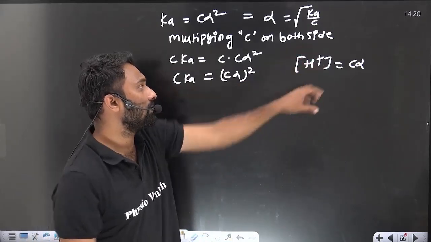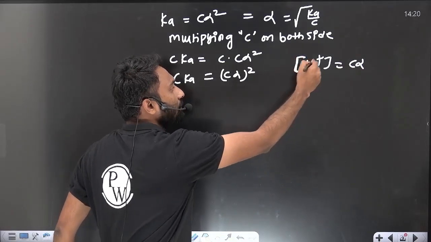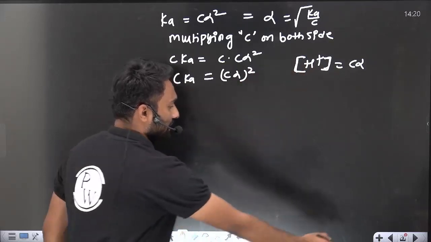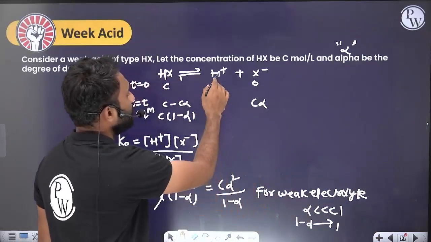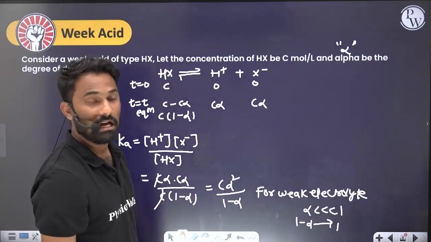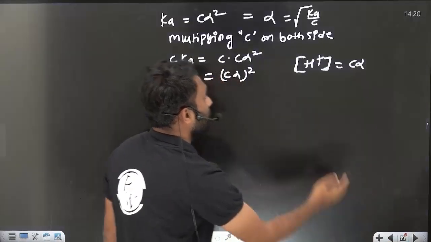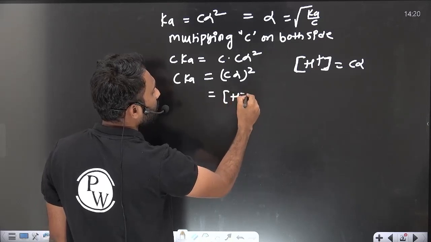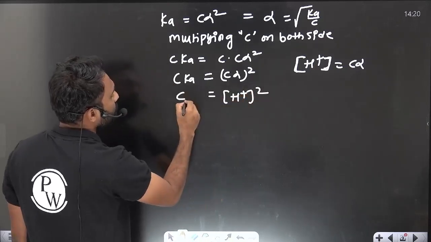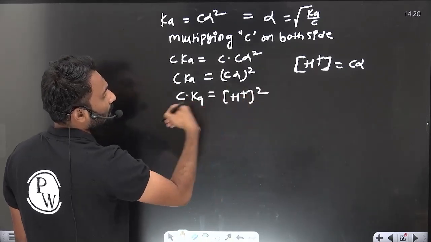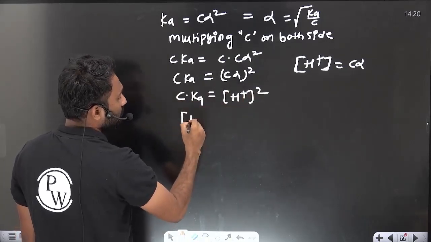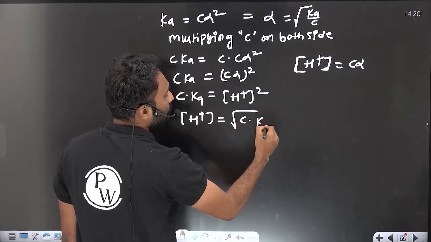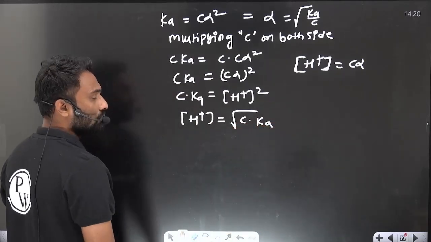For that, we need the H plus ion concentration. In the place of C alpha, I can write the concentration of H plus, so H plus whole square is equal to C into K. Bringing the square to the left hand side, H plus is under root C into K.